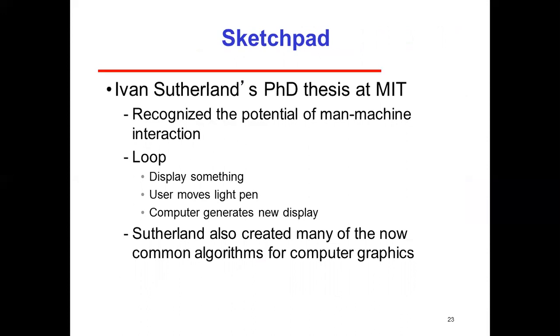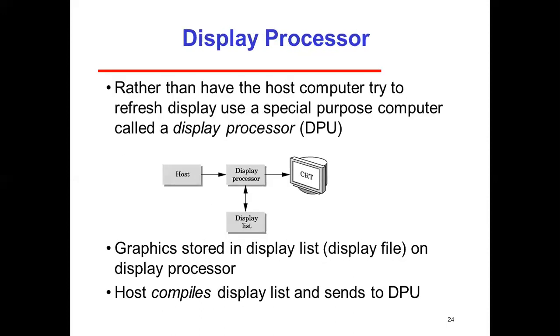Sutherland also created many of the common algorithms for computer graphics. Now we are using various algorithms for computer graphics so that we can draw lines, images, various types of curves.